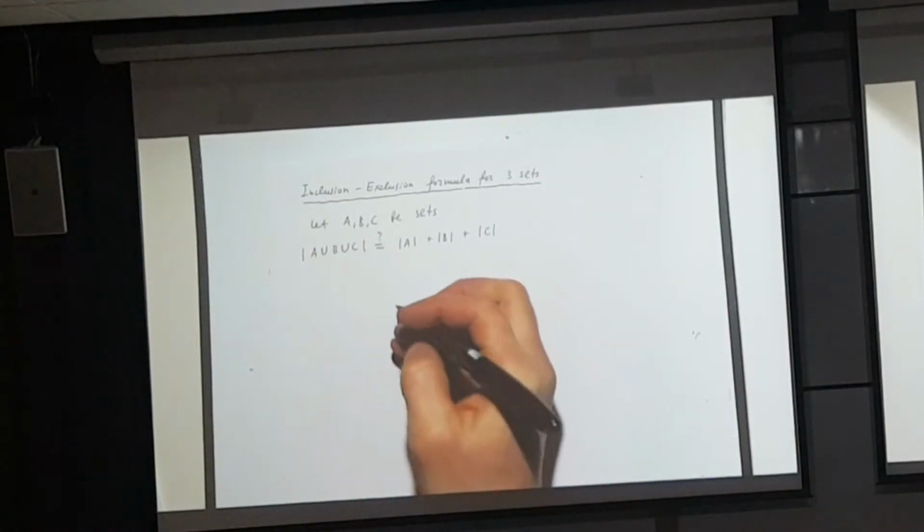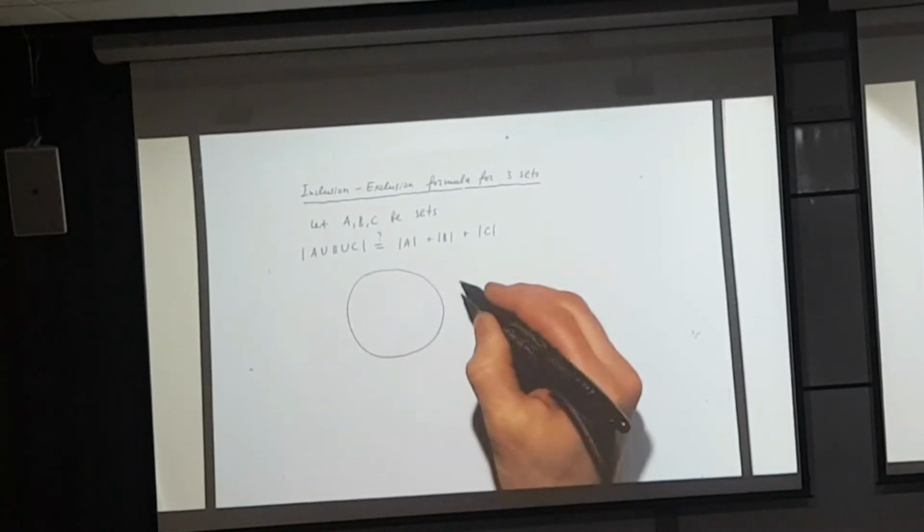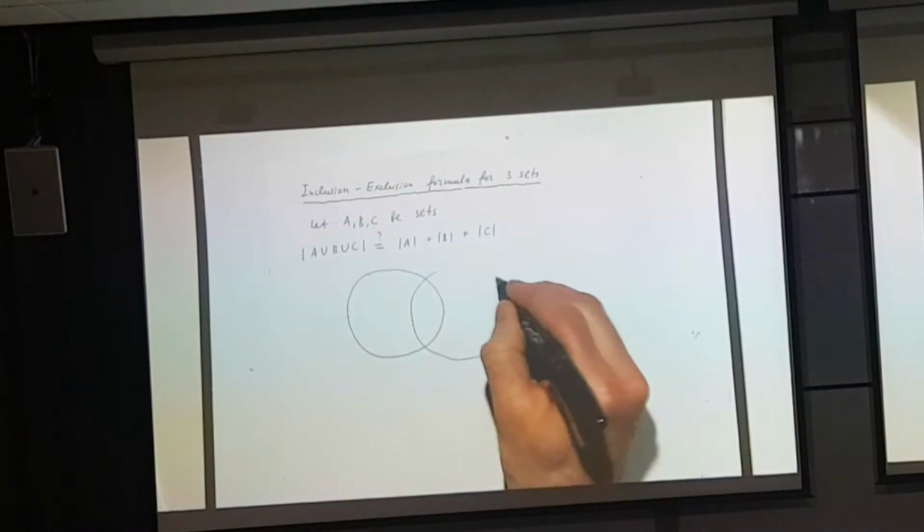But in general, what we have is the following. I'm going to depict this on a Venn diagram.